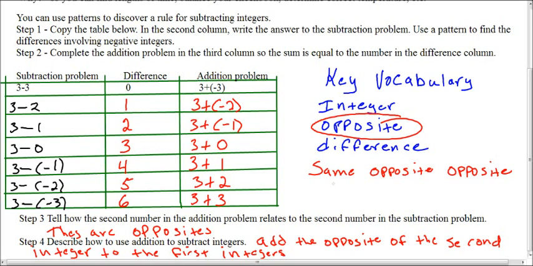And what that means, if we take 3 minus 2, that could be converted, and I'm going to change it so we can see what the conversion will look like, to same, 3, opposite of subtraction is addition, and the opposite of a positive 2 is a negative 2. Well, now what we've done is just created the rule for subtracting integers.